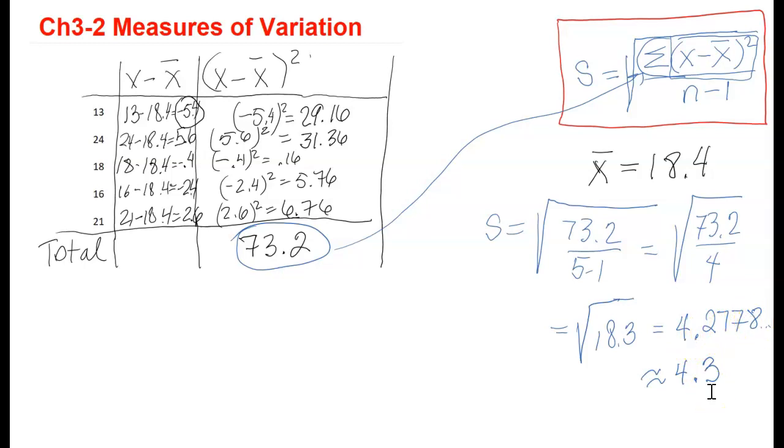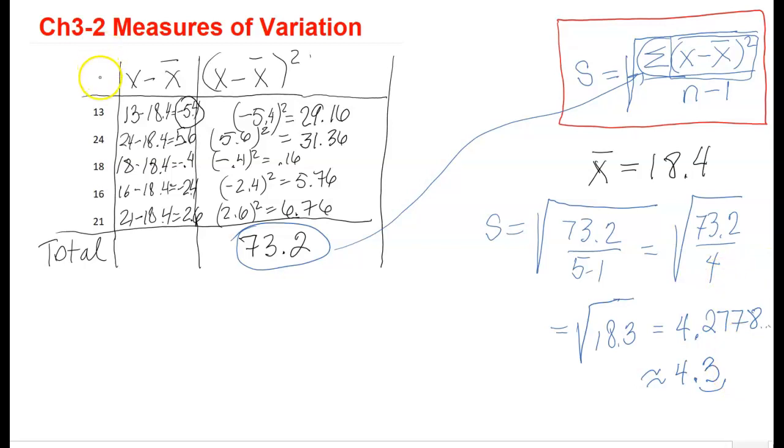The round-off rule for measures of variation is to round to one more decimal than the original data values. The original data values were presented as whole numbers, so we round standard deviation to one more decimal, 4.3, and remember we use the same units of measurement as the original data values.